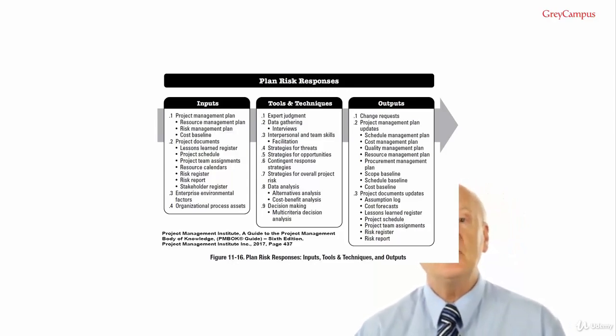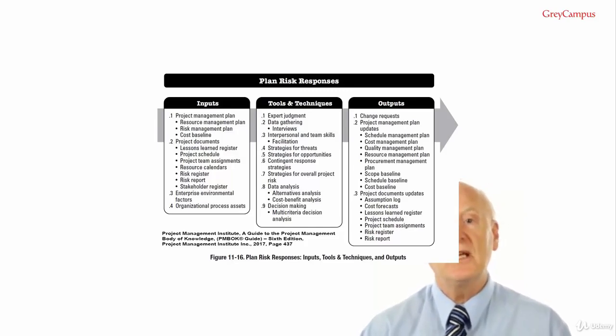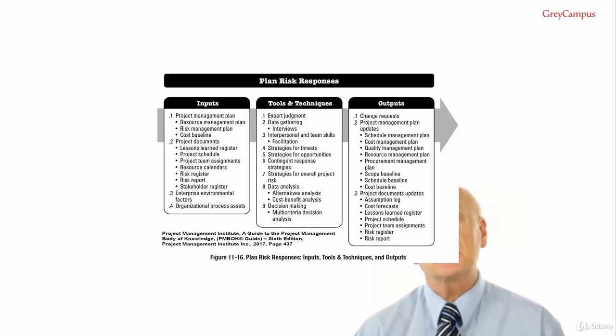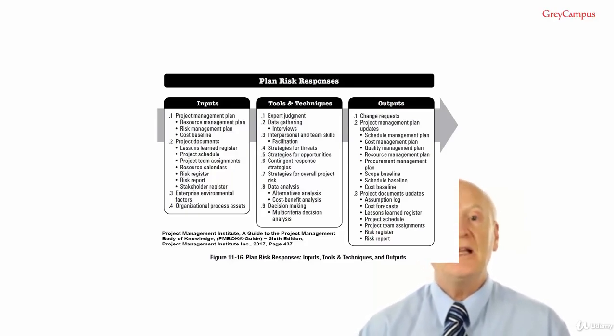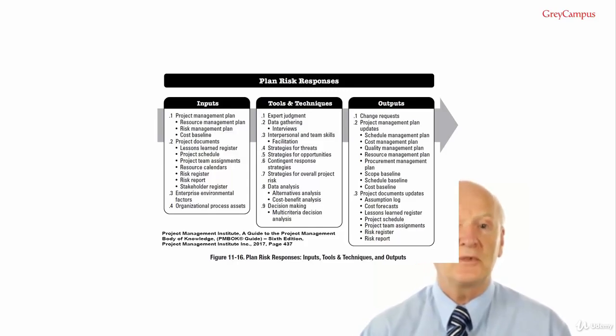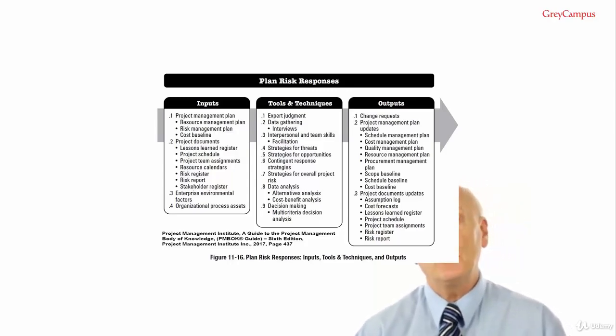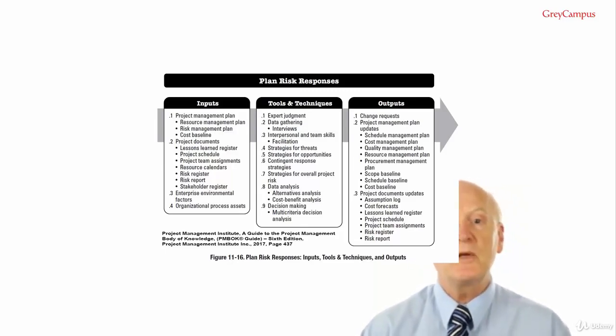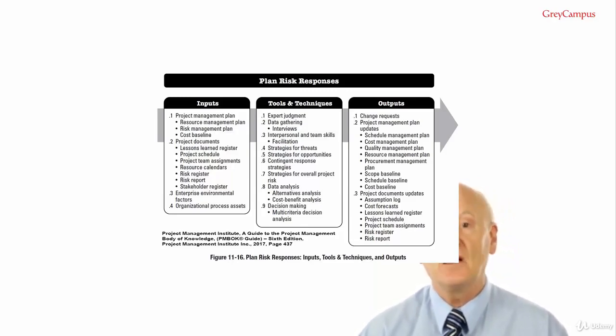Avoid. Where the level of overall project risk is significantly negative and outside the agreed upon risk thresholds of the project, an avoid strategy should be adopted. With individual risks, the residual risk had to be 0%, but with the overall project risks, the overall residual risk must be within the thresholds. I see this confuse a lot of people on the examination.